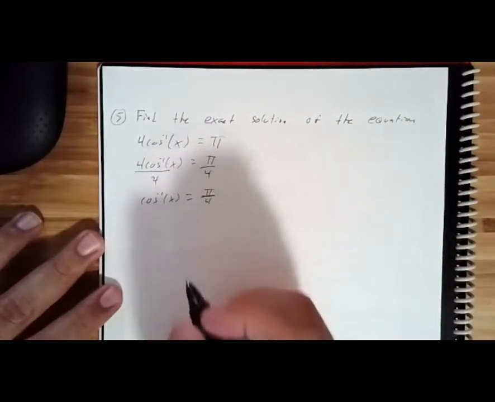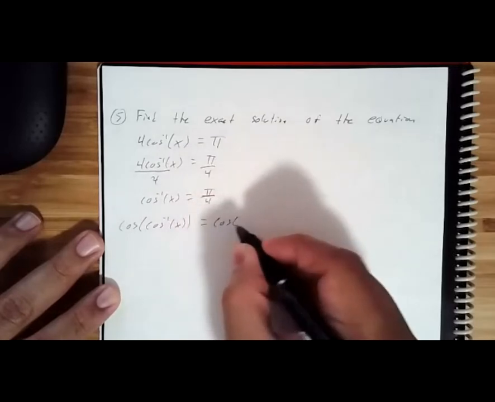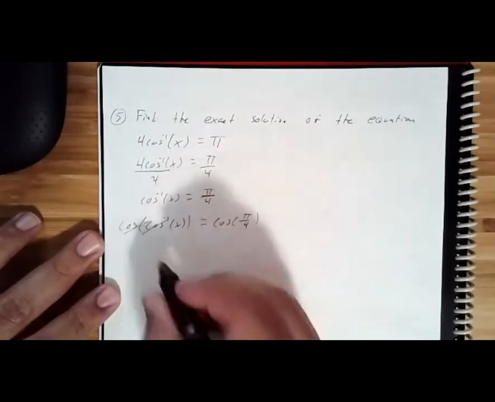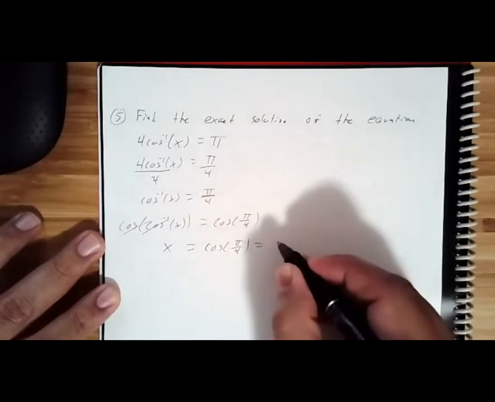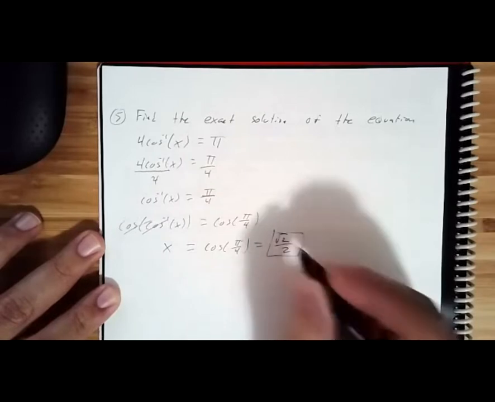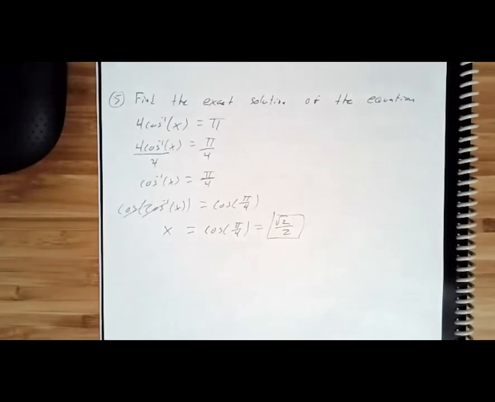If I were to do cosine of both sides, we know that these would cancel, making this x equal to cosine of pi over 4, which on the unit circle is square root 2 over 2, which is the answer is B. Any questions on 5? Is that clear?